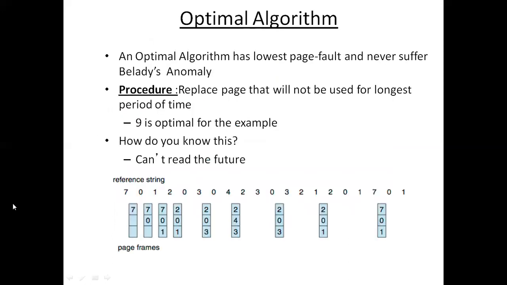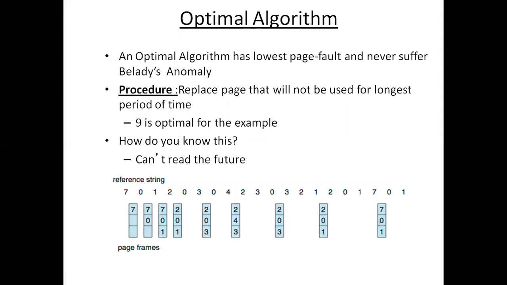So we look to the optimal algorithm. What do we mean by the optimal algorithm? An optimal algorithm has the lowest page faults and never suffers Belady's anomaly. It means compared to FIFO, the page faults are fewer and you will never come across this particular situation. So what is the procedure?